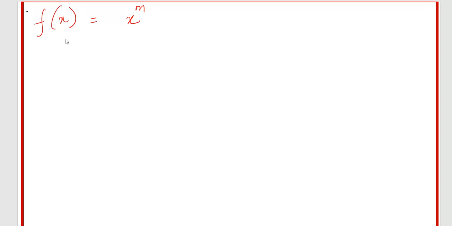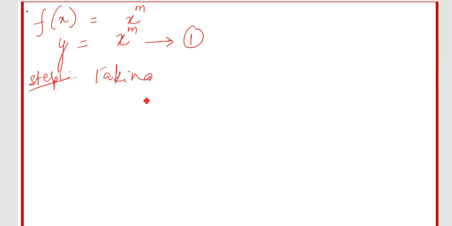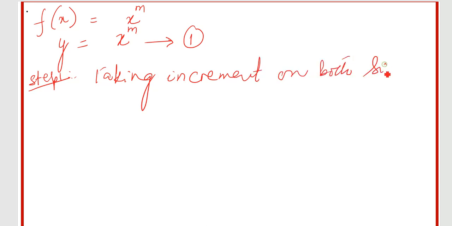Again, in this question, we will use 4 steps. First of all, I would say that y = x^m, and this is my equation number 1. Step number 1 is taking increment on both sides of the equation.